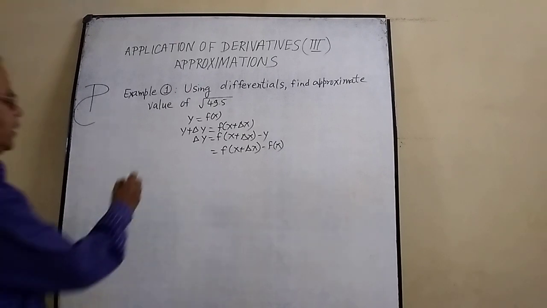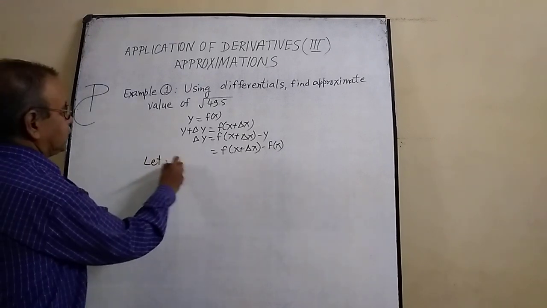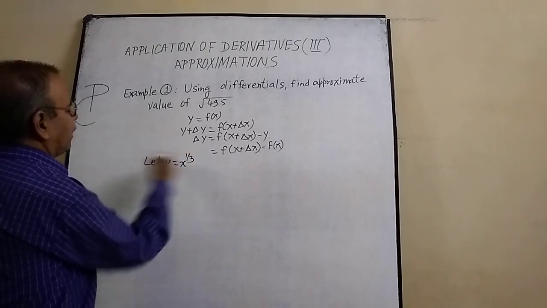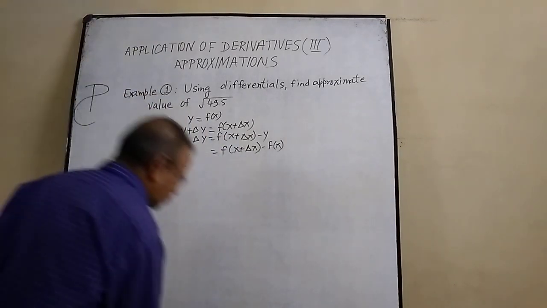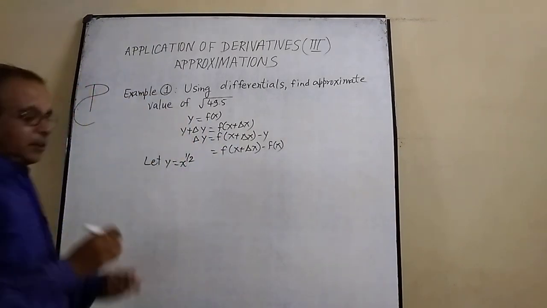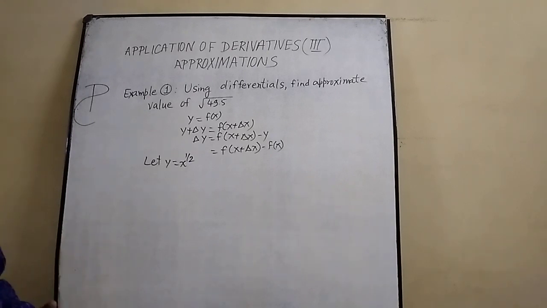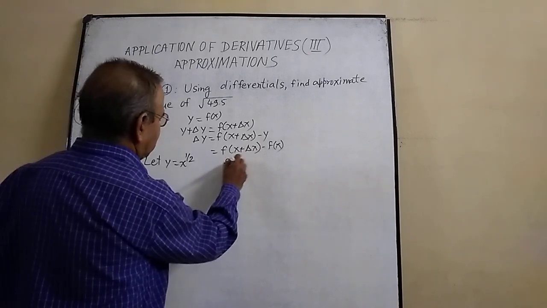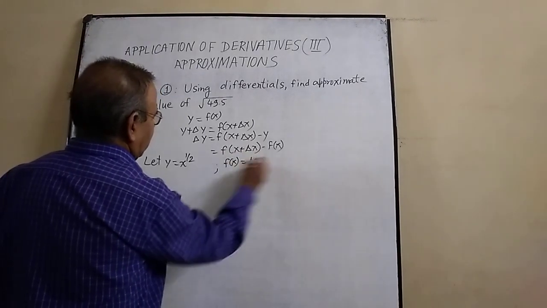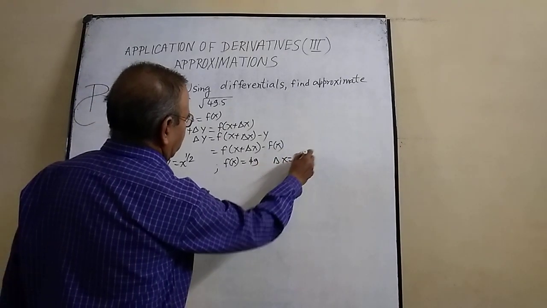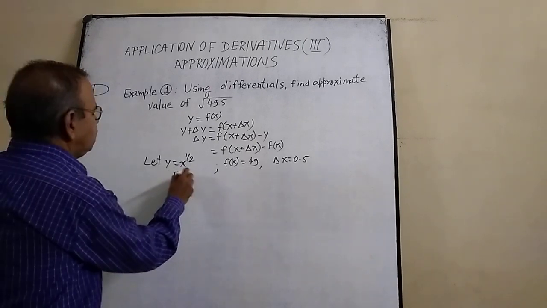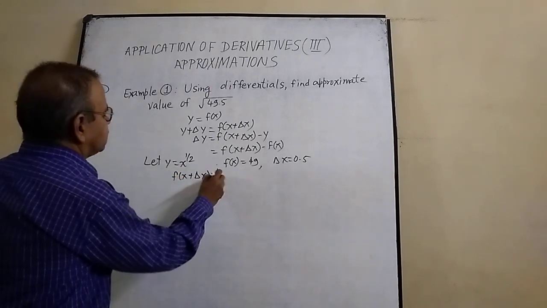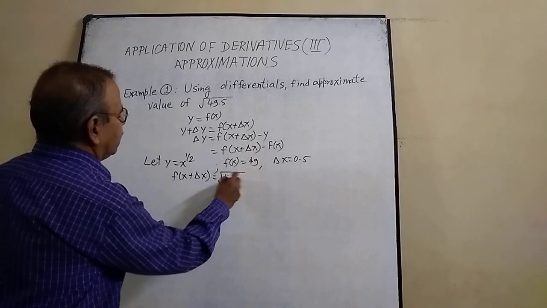Here I take y is equal to x to the power 1 by 2. We are going to differentiate this x to the power 1 by 2 after some time. Here x is equal to 49 and delta x is equal to 0.5, and f(x plus delta x) is equal to the square root of 49.5.